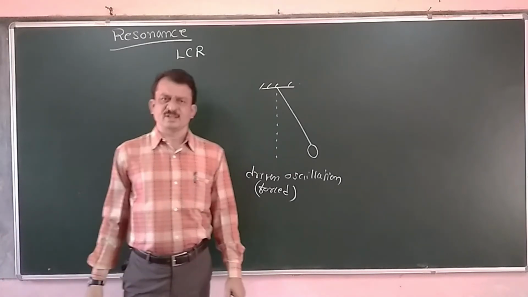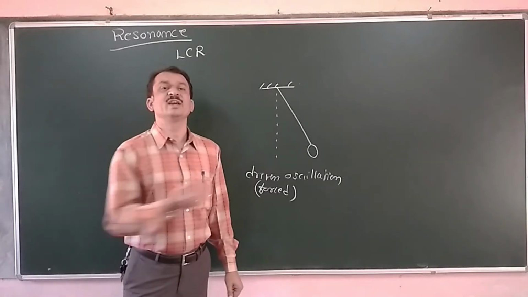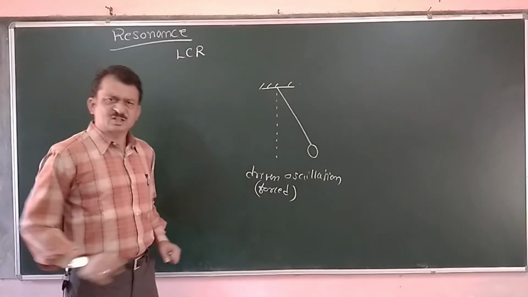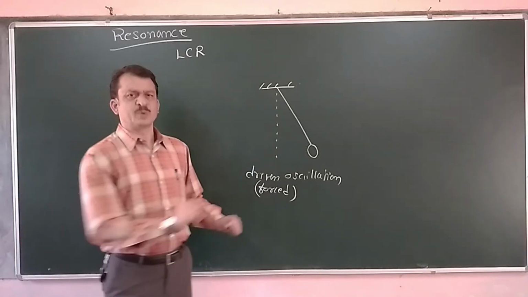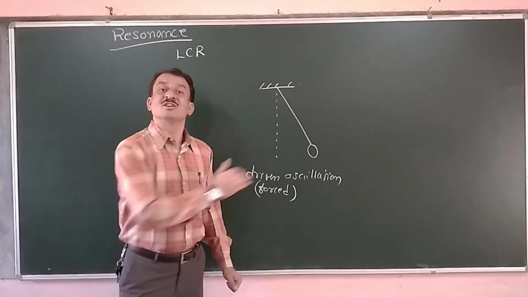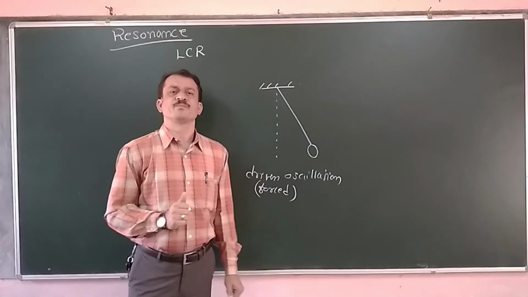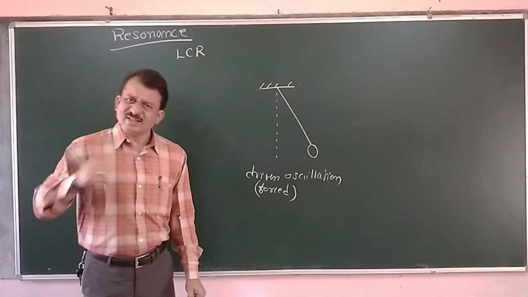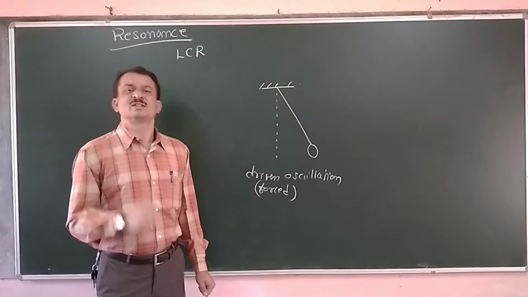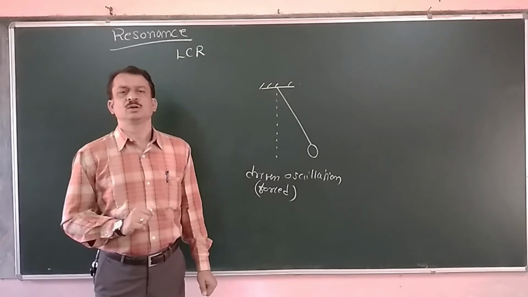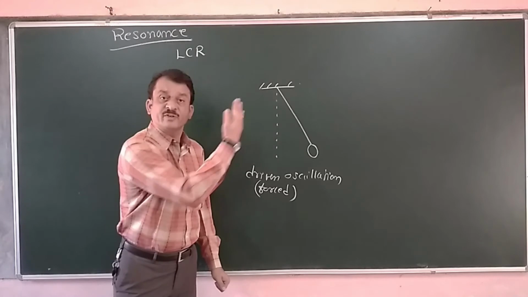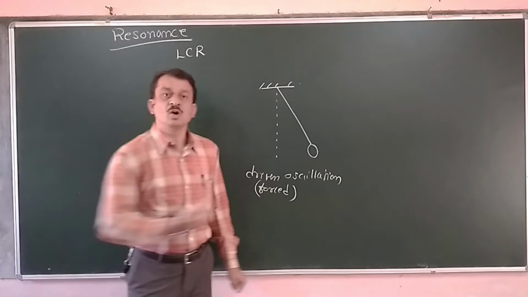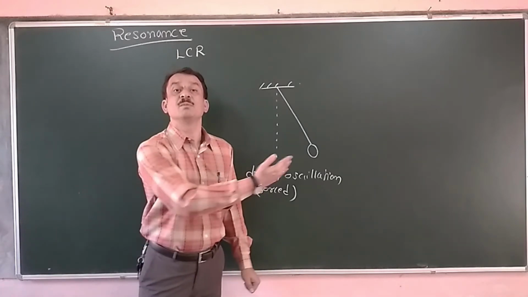One more best example is a child swinging on a swing in a park. Initially the child starts to pull and push that swing, and it makes oscillations, to and fro motions. As and when the frequency of the child's push and pull matches the natural frequency of the swing, then obviously the swing oscillates with maximum amplitude.